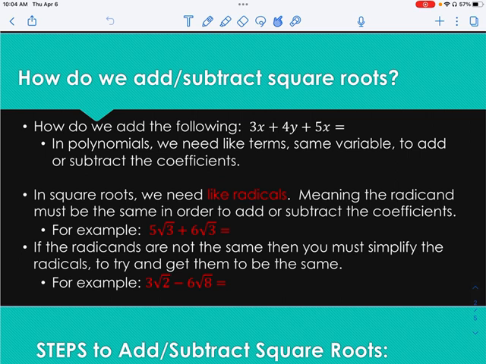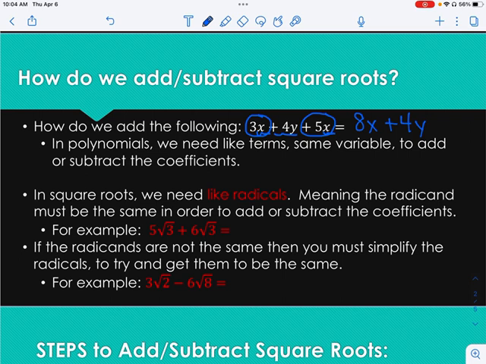So if we were to ask you to add 3x plus 4y plus 5x, what we would do is we would look here and we'd say, oh, I'd take the 3x and add it to the positive 5x because they are like terms, because they have the same variables. So 3x plus 5x gives us 8x. Then I would take the 4y and just bring it over. So when I added that, I would get 8x plus 4y.